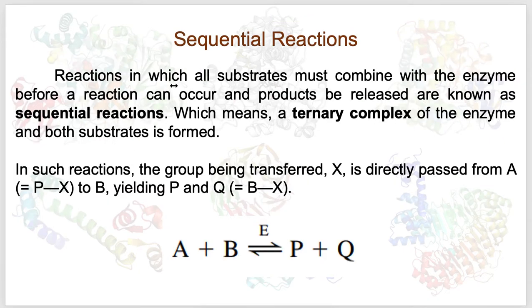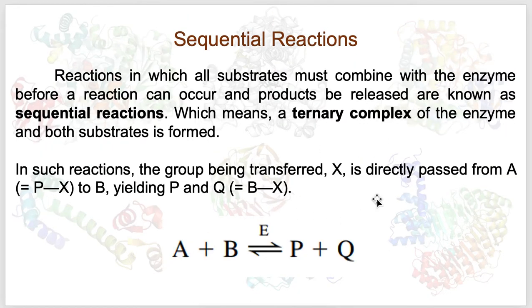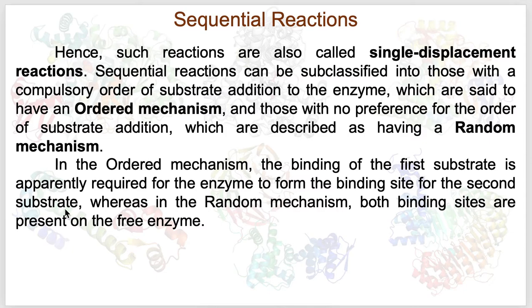In the sequential reactions, the group being transferred, for example X, is directly passed from substrate A to substrate B, which yields products P and Q. As one functional group is displaced from one substrate and transferred to another substrate, sometimes these reactions are also called single displacement reactions.